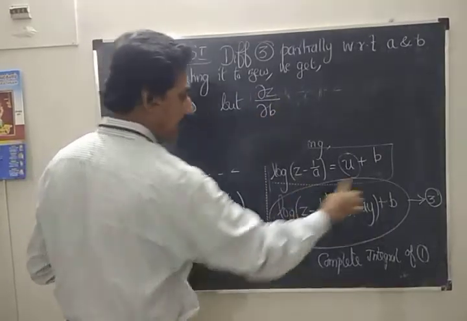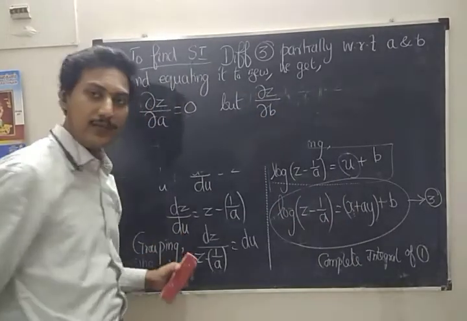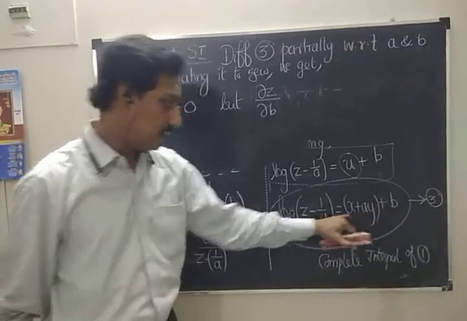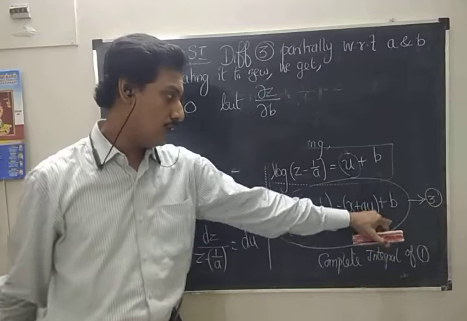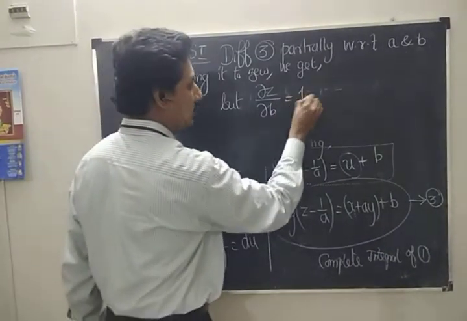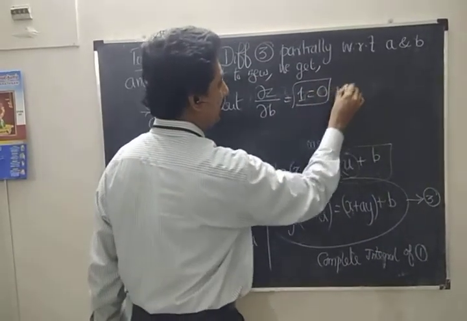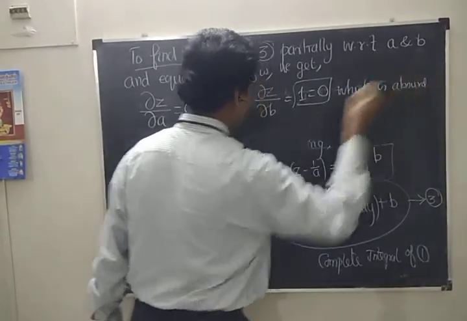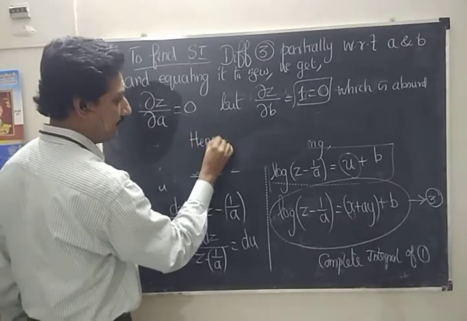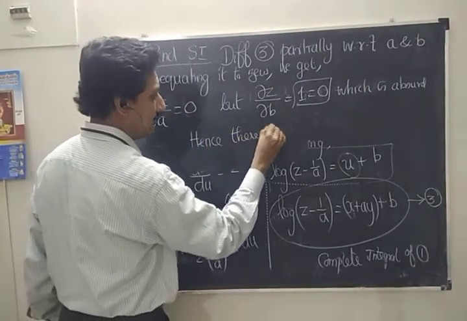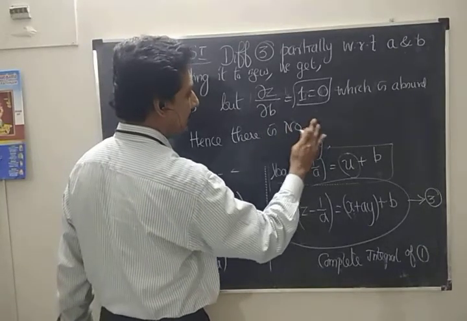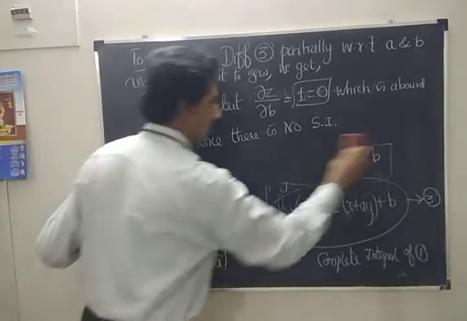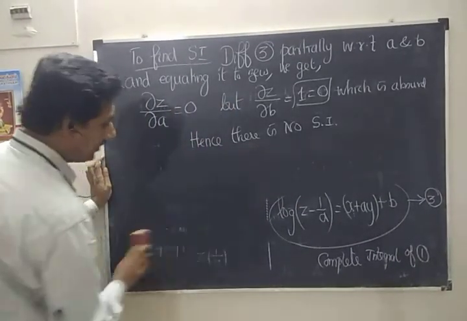When I differentiate with respect to b, the log of z minus 1 by a and x plus ay are considered constant, so it becomes 0. What about b? b becomes 1, so it is equal to 0. Which is your contradiction. So this is a fallacy, which is absurd. So that's why there is no singular integral for this type number 3.